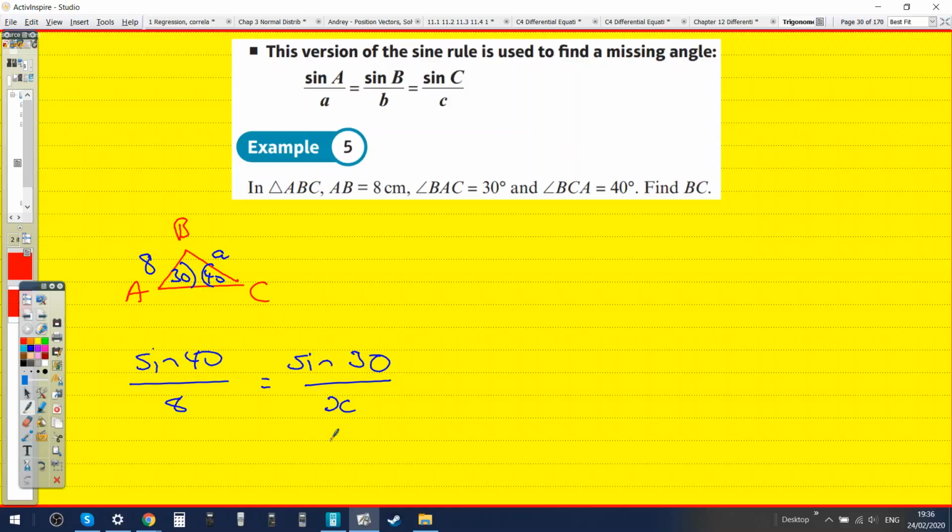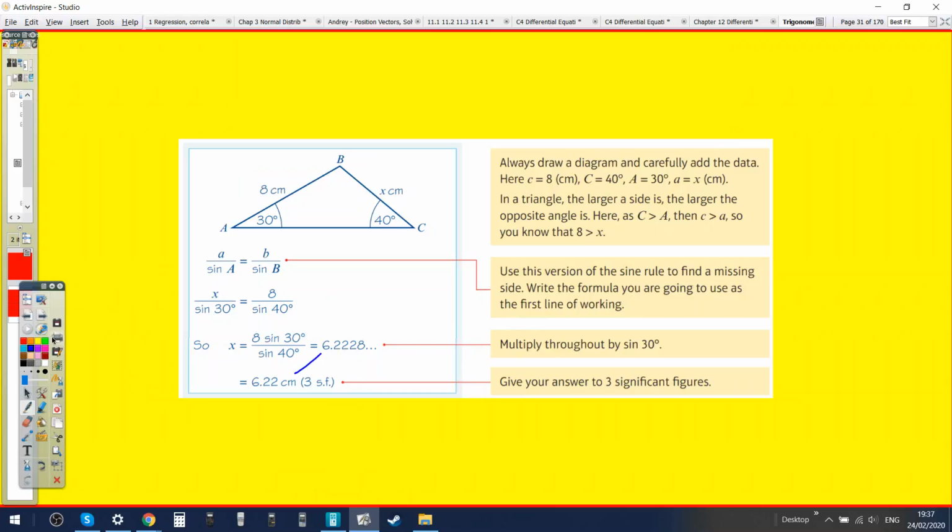It says x is 6.22. 6.22 centimeters. There we go.